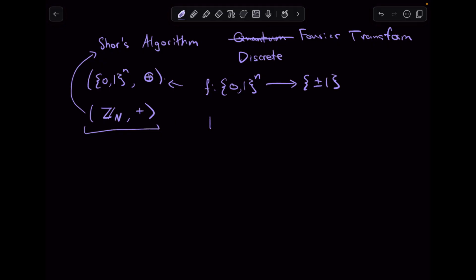Essentially, if you have some normal Boolean function that goes to 0, 1, you can always convert this thing, capital F of x, into a little f of x, which goes to plus minus 1, and the action of this is just negative 1 to the power of F of x. And what happens is, in this case, addition mod 2 becomes multiplication.